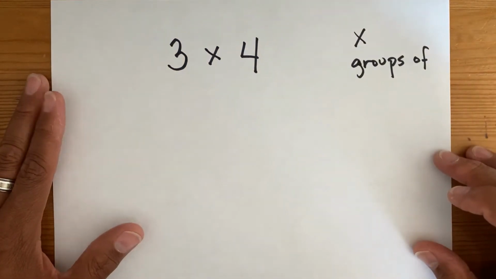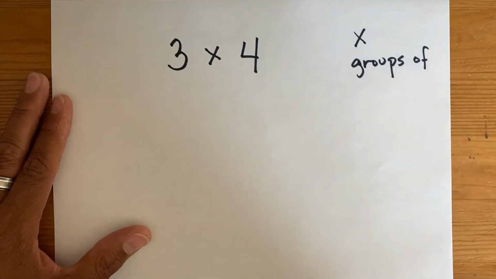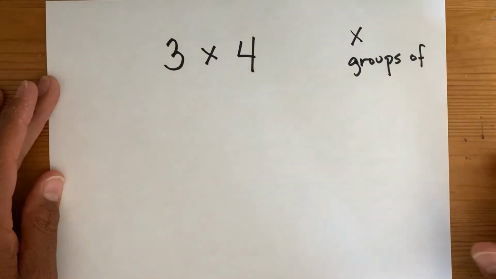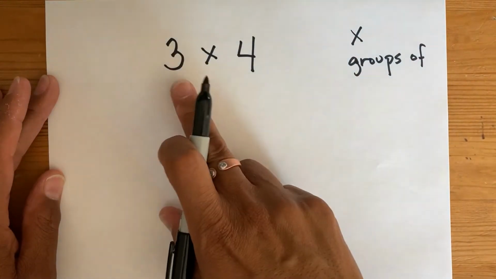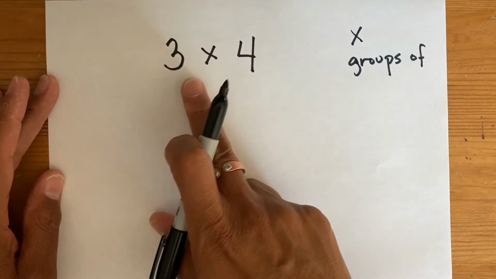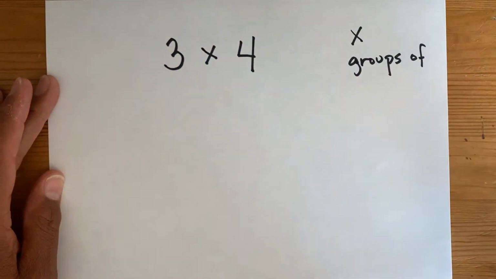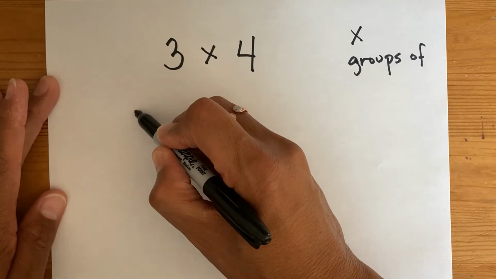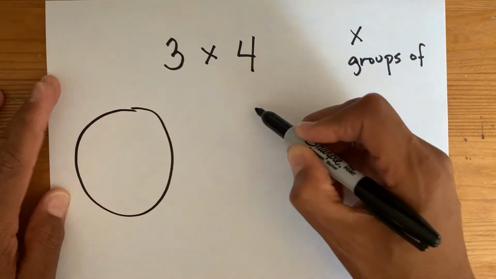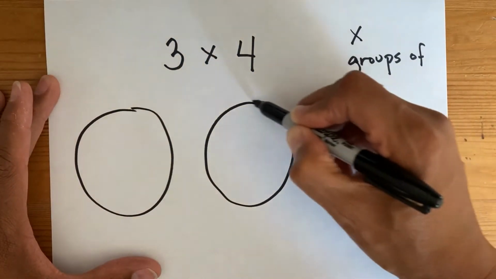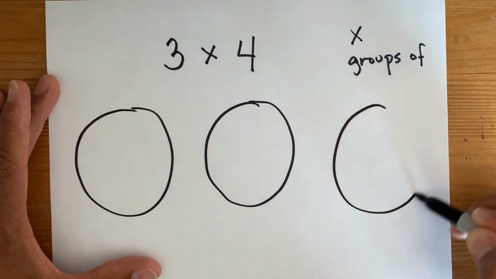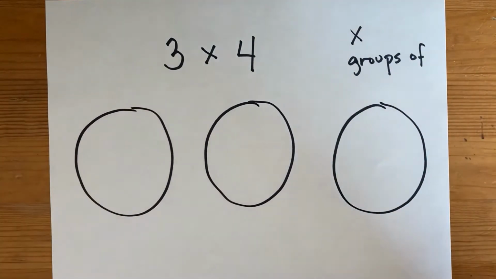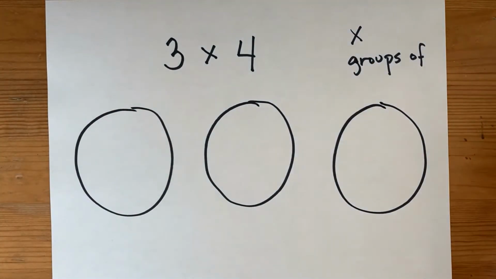So now let me show you one way you could have illustrated that. There are lots of ways you could illustrate 3 times 4 or 3 groups of 4. Let me just show you one way. So I'm going to draw my 3 groups. Here's one group, 2 groups, 3 groups. And now I'm going to put 4 things in each group.